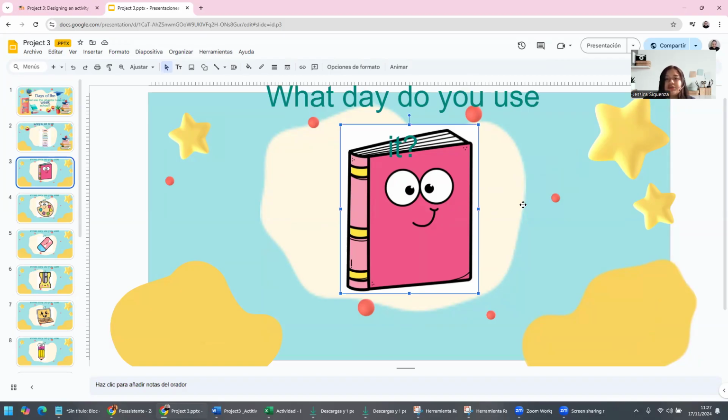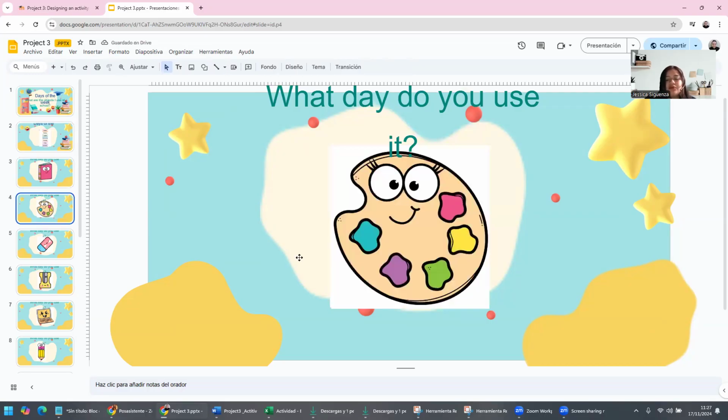And the students answer the question. For example, I use my notebook on Monday. And next, we have the other. For example, what do you use? I use the paint on Friday, because maybe the students have art class on Friday.